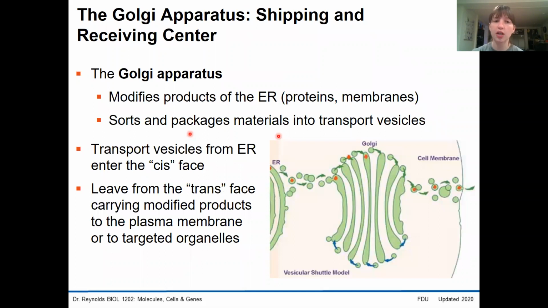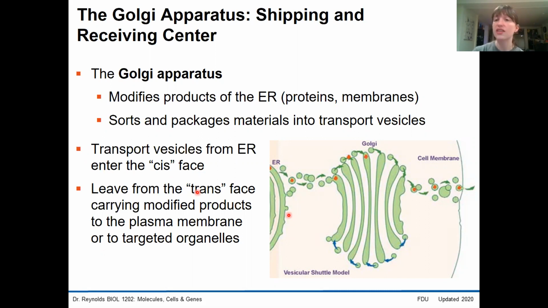Once materials are made in that ER, whether they're produced by the smooth ER, such as lipids, or in the rough ER, such as glycoproteins, they can be packaged into vesicles. Vesicles can have proteins on the inside, membranes on the outside, so both components of the smooth and the rough ER can be packaged into these vesicles where they move to the Golgi.